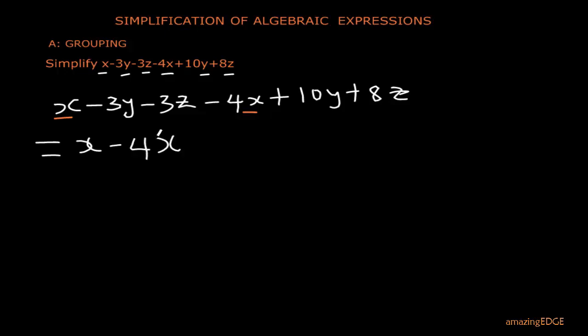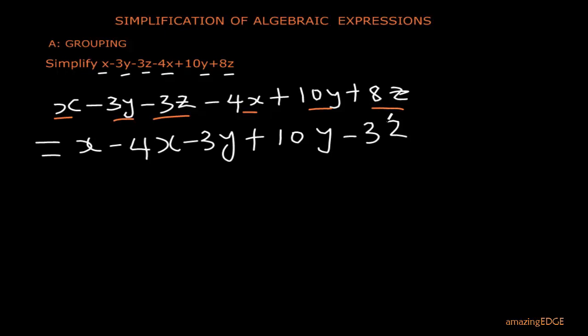So we are done with x. We now go to y. As you can see, we have y here and we have y here. So we bring it together. And what that will give us is minus 3y, then plus 10y. So we're done with y. Now we go to z. So here, as you can see, we have z here and we have z here. And that will give us now minus 3z plus 8z. And that's what we have.